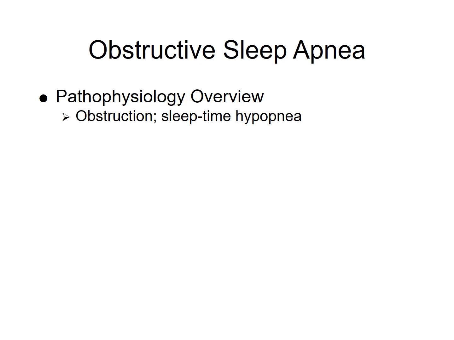OSA also increases blood CO2 levels and decreases the potential hydrogen, or pH, of the blood.